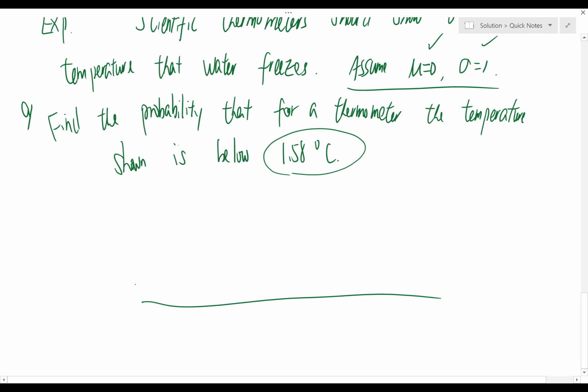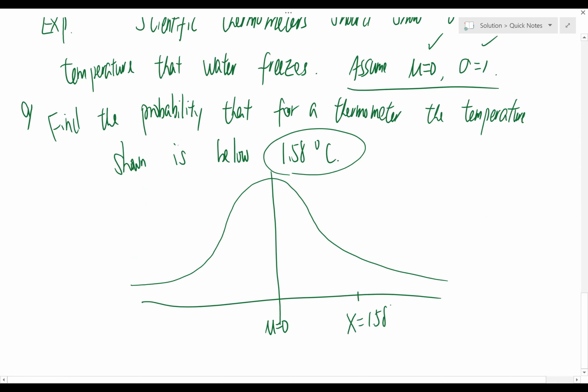So basically you just draw a bell curve. Anytime you see the standard normal distribution or normal distribution, draw the bell curve first and label the center. Center here, mu equals 0. Then 1.58 Celsius is the given temperature, on the right-hand side of 0, so x is equal to 1.58 Celsius.